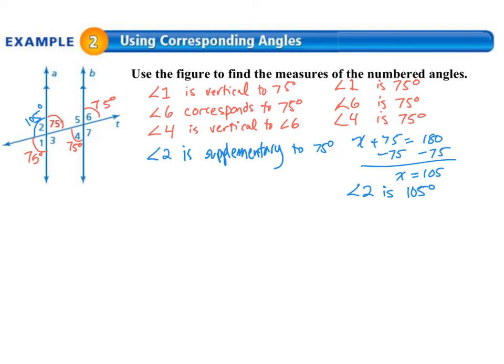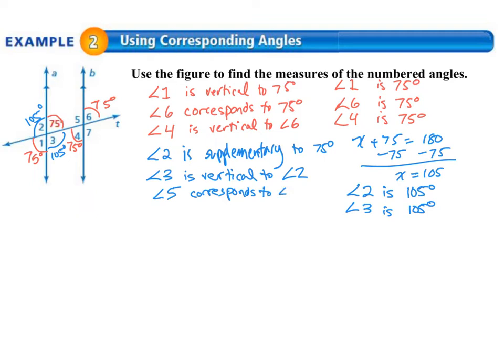Then we can figure out the rest of the angles. So angle 3 is vertical to angle 2. So that makes angle 3 also 105 degrees because vertical angles are congruent. So this is 105. And then angle 5 corresponds to angle 2.